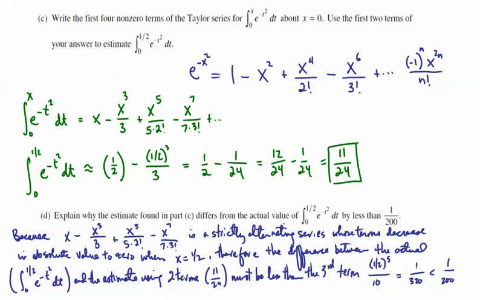Therefore, the difference between the actual and the estimate of using only two terms will be less than the first excluded term, or the third term, which turns out to be 1/2 to the fifth power over 10, or 1 over 320, which is less than the 200 that we were trying to show that it was less than in the first place. Alright, so that does it for this part and for this problem.